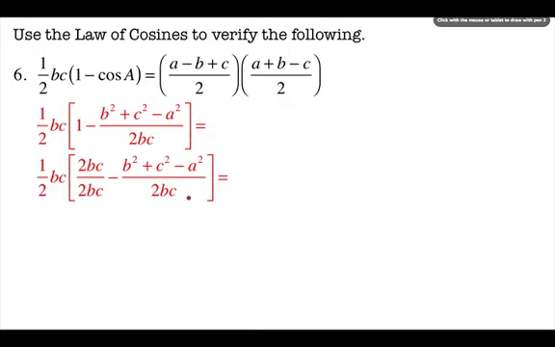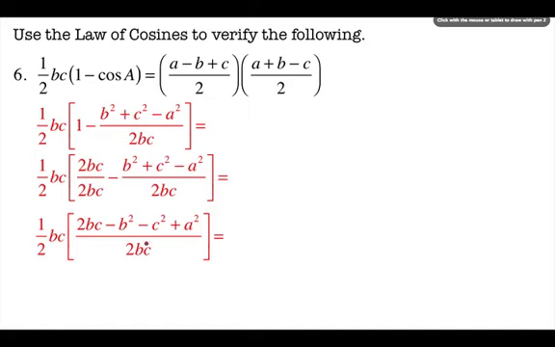Now that I have the same denominator, this is what I have. And I move some things around, and I just cancel the bc, bc, bc, and everything stays the same. Another thing that I forgot to highlight, notice that I'm distributing this negative here, and that's how I get negative b squared, negative c squared, and positive a squared.